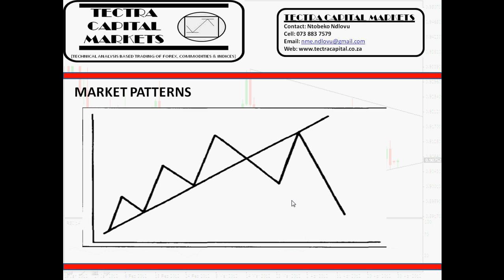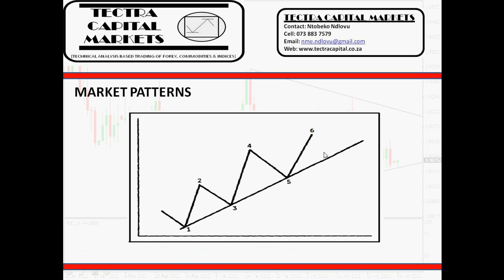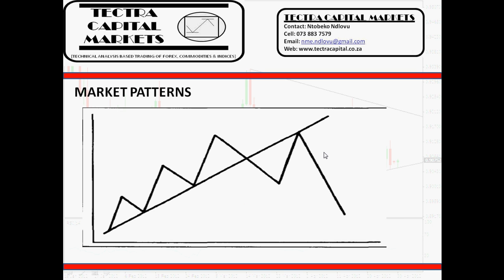This pattern is an example of a trend reversal pattern. You'll recognize that that section there is an example of an uptrend. But over time, if that line which has been forming a supportive area all along gets broken by the price, then you know that it's an indication that the uptrend is changing direction.